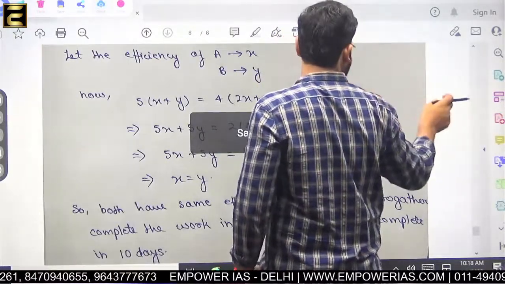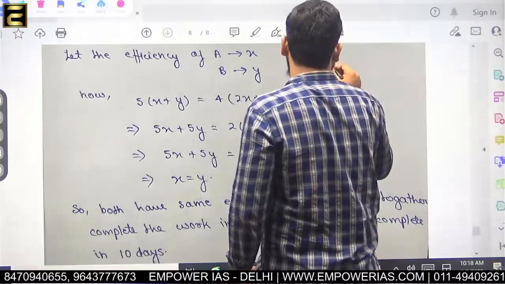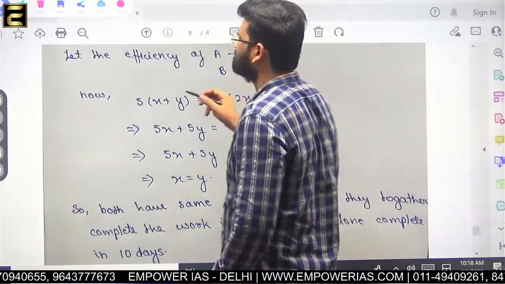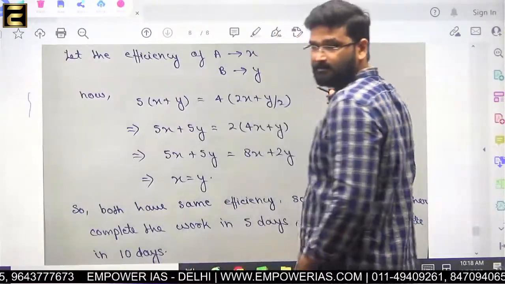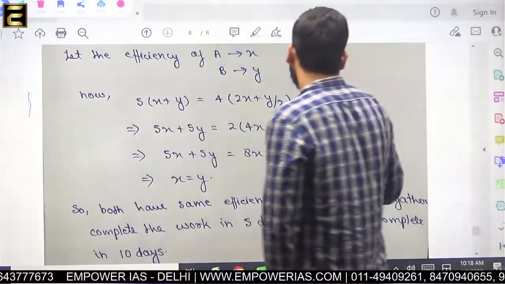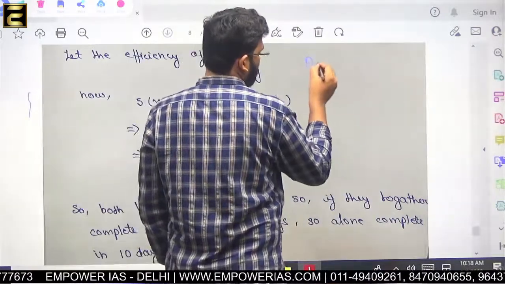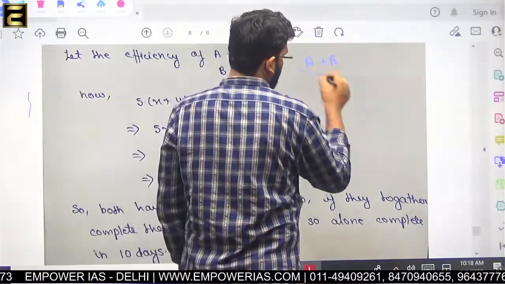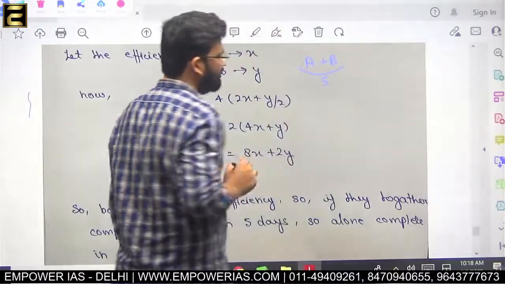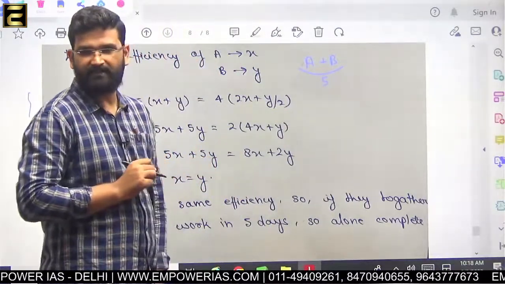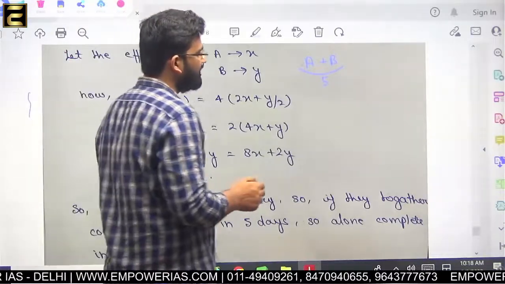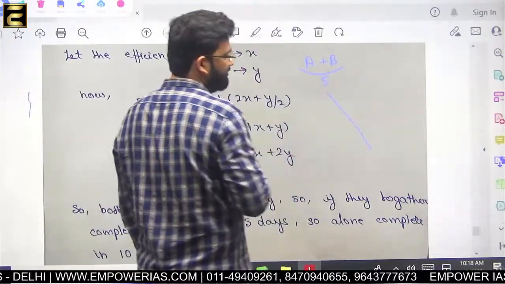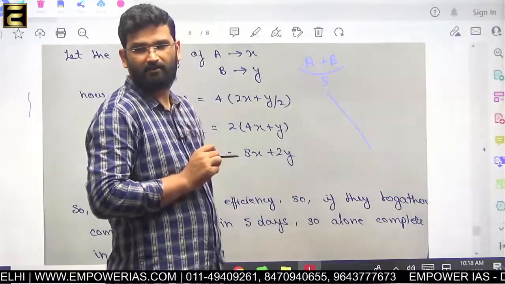See, A, see here, try to focus here. A plus B, they are completing the work in 5 days. Okay, and we have assumed the efficiency of A to be x and the efficiency of B to be y.